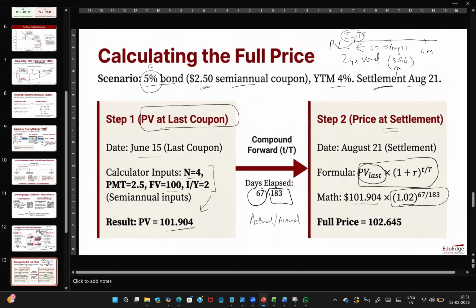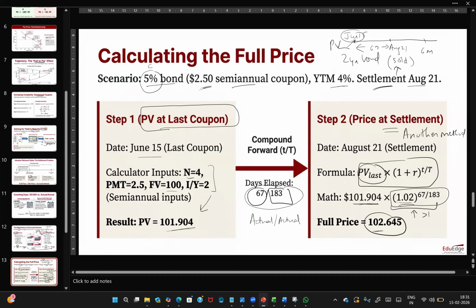Here we are using compounding formula. Another method is using this formula, which says that, okay, you take this yield and you raise it to 67 by 183. So can I say I'm increasing this beyond 101 because this is greater than 1, and hence the full price received will be slightly higher.